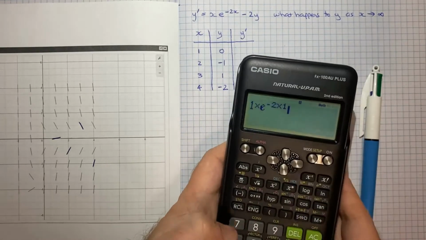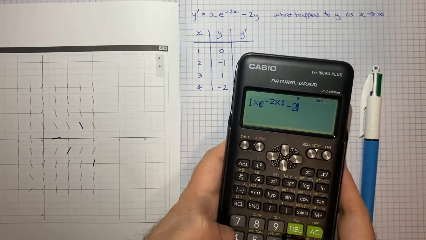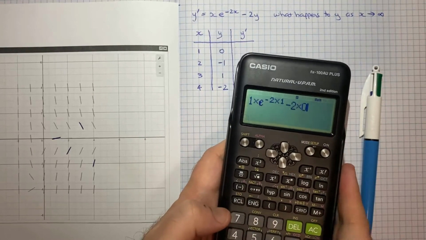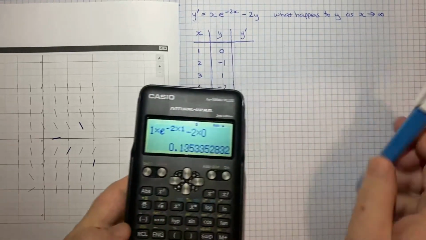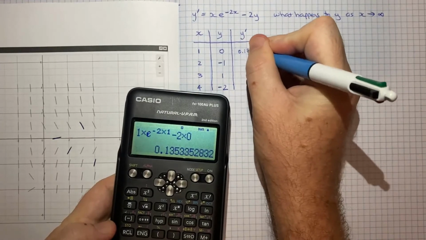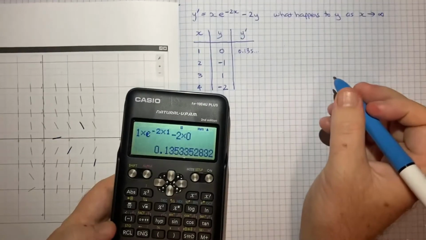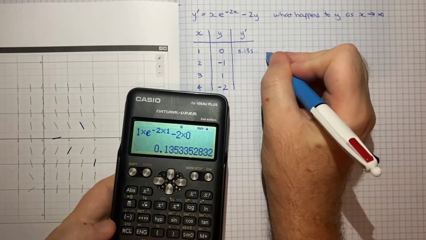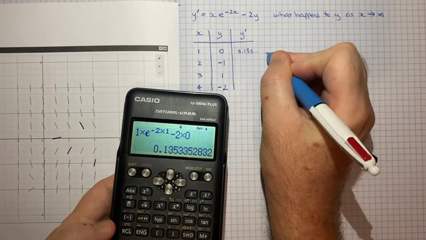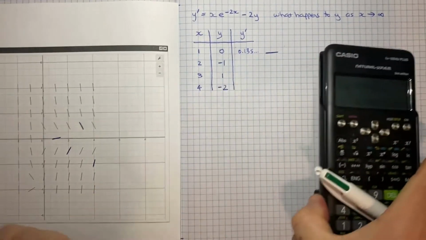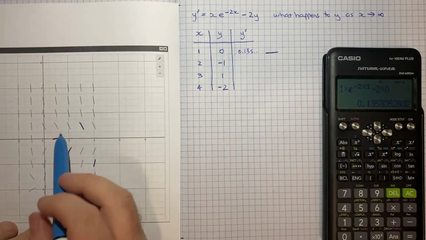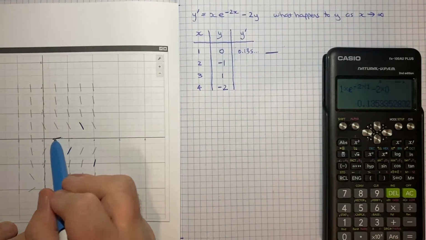And then from there we subtract 2 times y, which is 0 in this case. So we'll get 0.135 and so on, which is very close to 0. So you'd expect to see a positively sloped but very flat line. And at 1, 0, that is what we see. Positively sloped but quite flat.